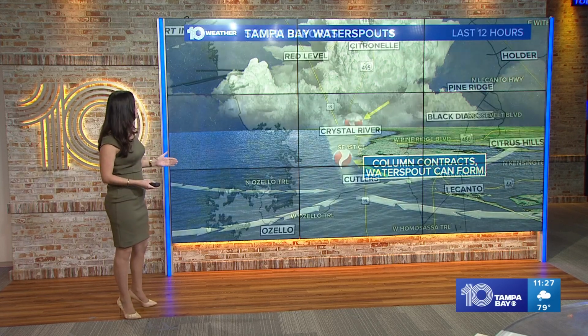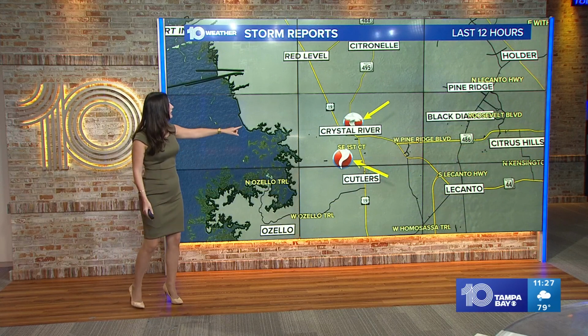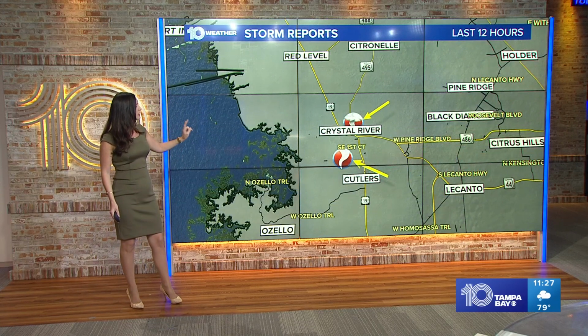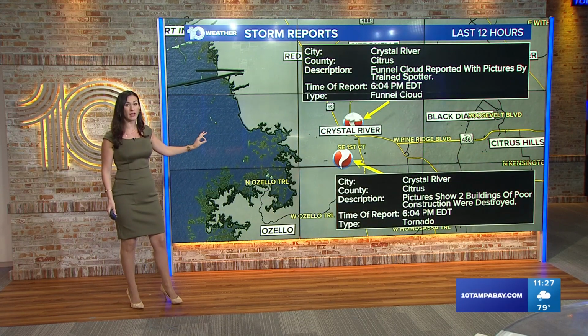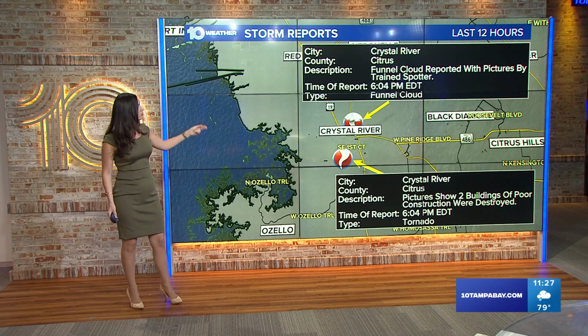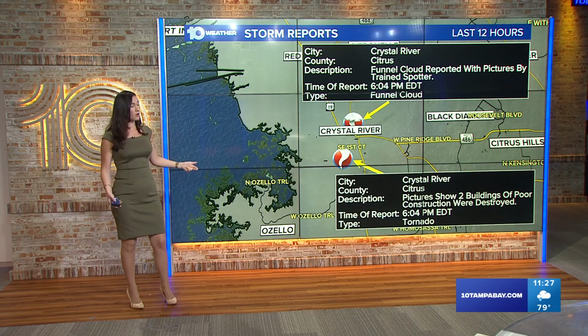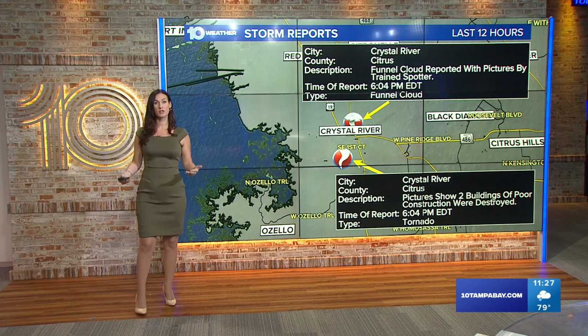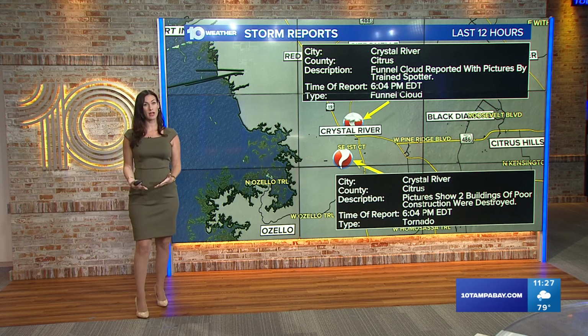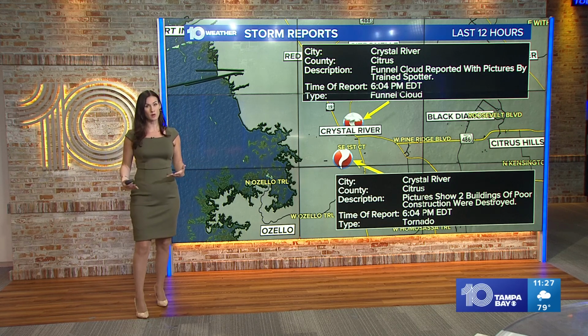So that's why it's so important that we receive photos. So again, anybody that missed it at the beginning of the show, we had two reports, a report of a funnel cloud, and then later on a report of a tornado. And then we got pictures of a water spout, all in the same area. This is all from the same storm system.